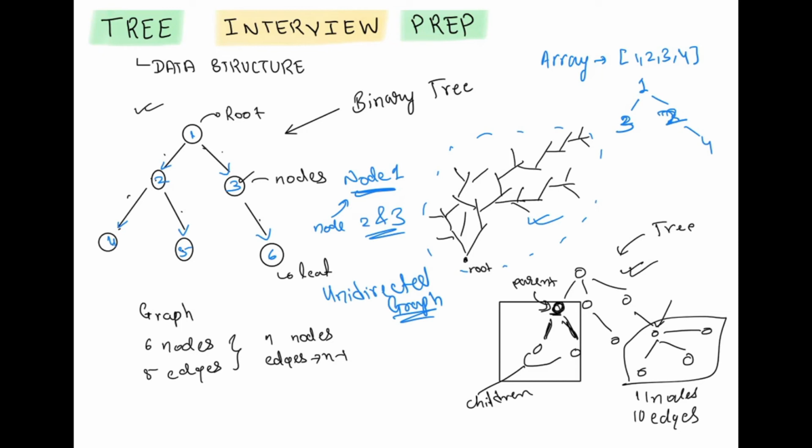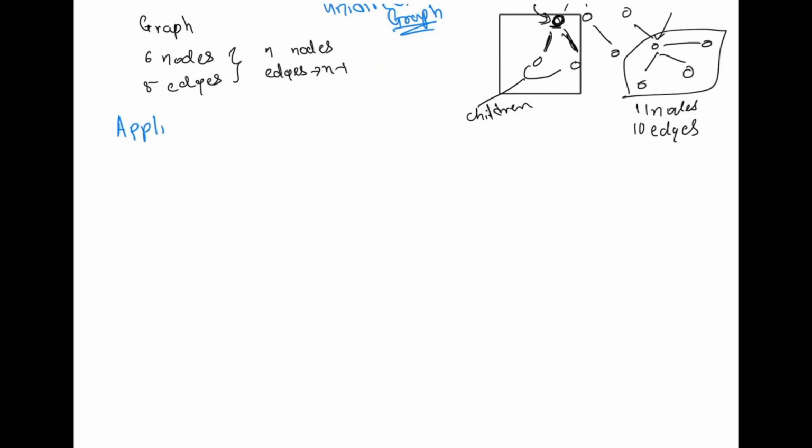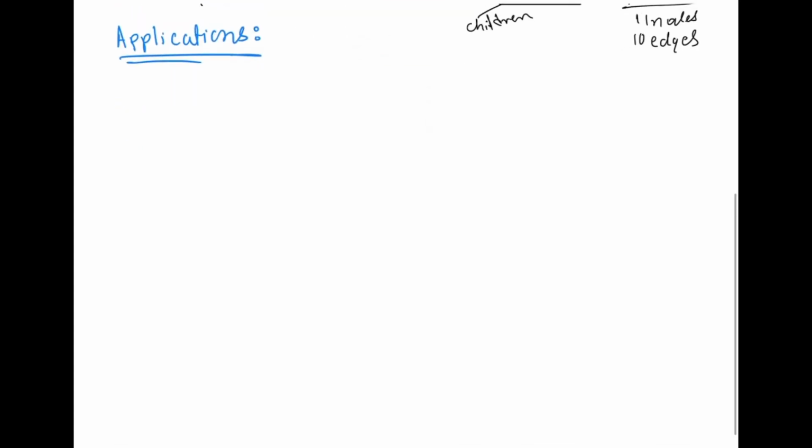And to see real life examples of trees being used, let's list a couple of them. So, applications. The first thing that comes to my mind is the HTML DOM, and DOM stands for Document Object Model.